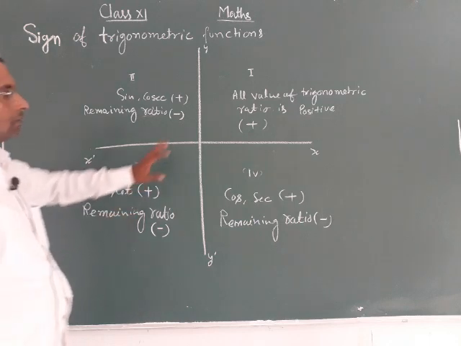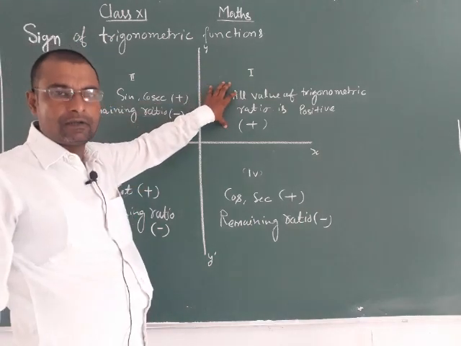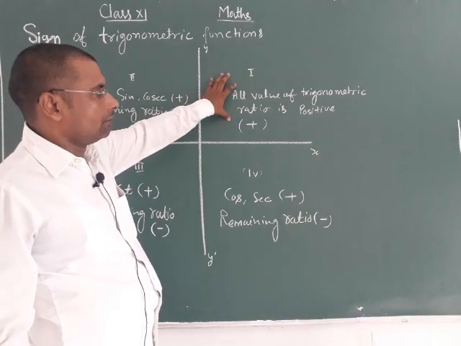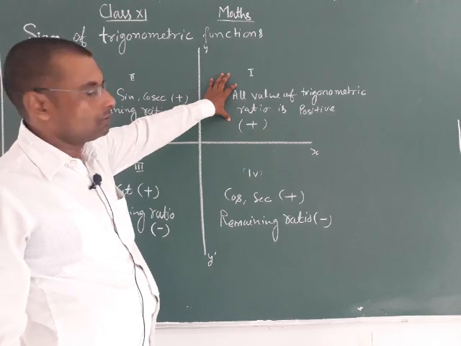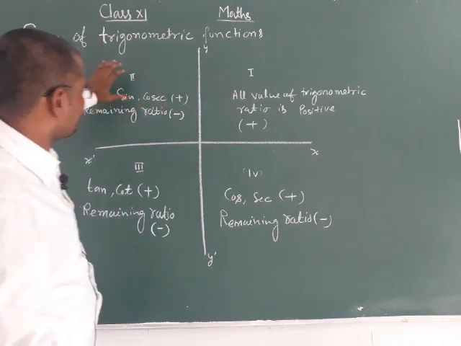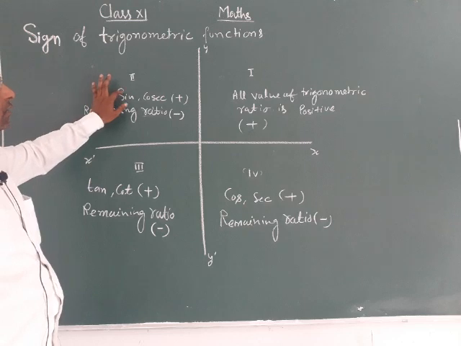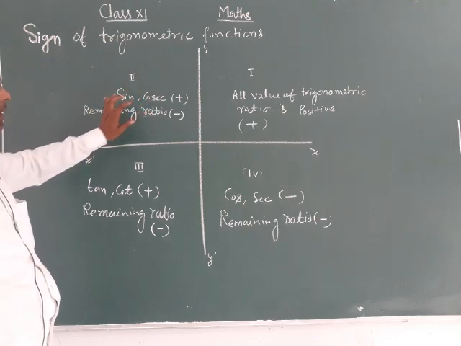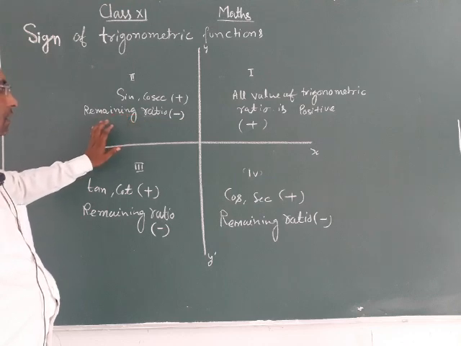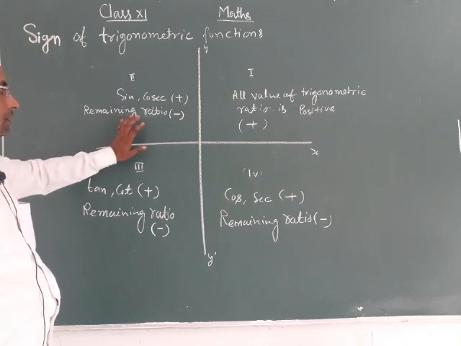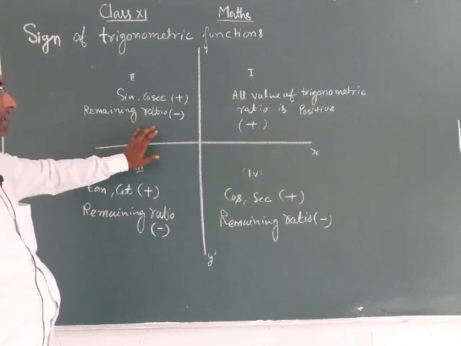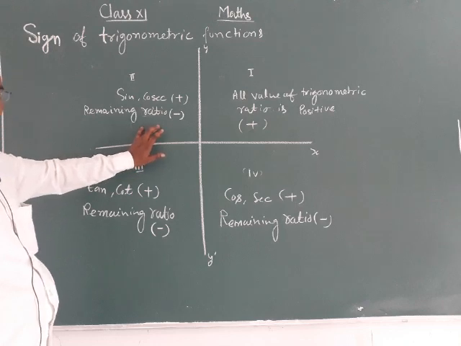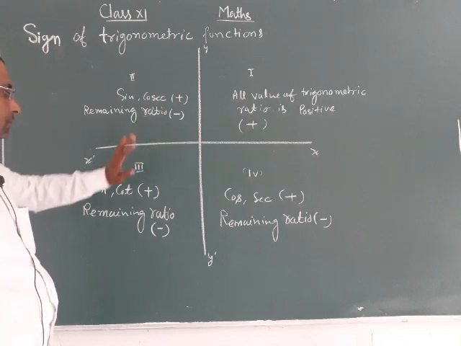So now, in the first quadrant, all trigonometry ratios are positive. Second quadrant, sine and cosec positive, and tan, cot, cos and sec will be negative.